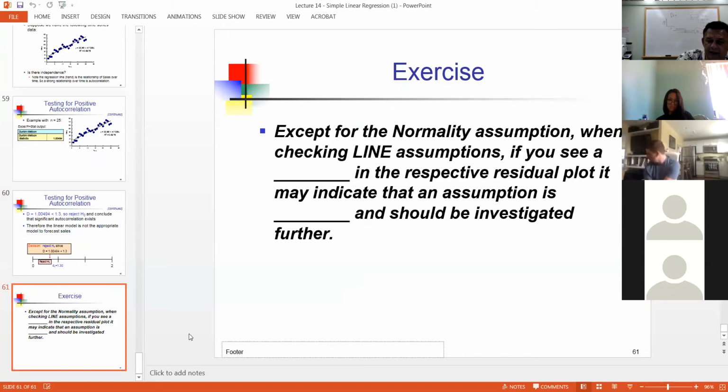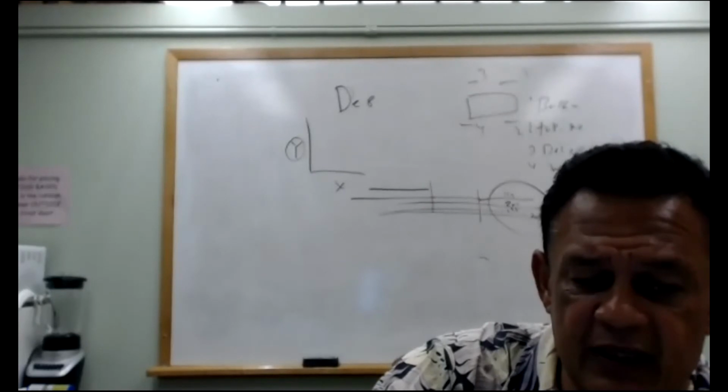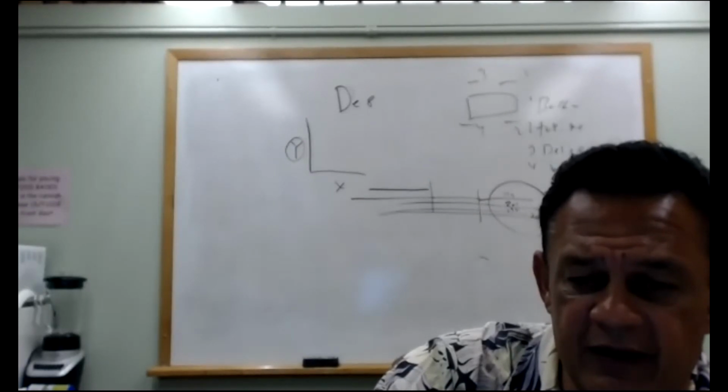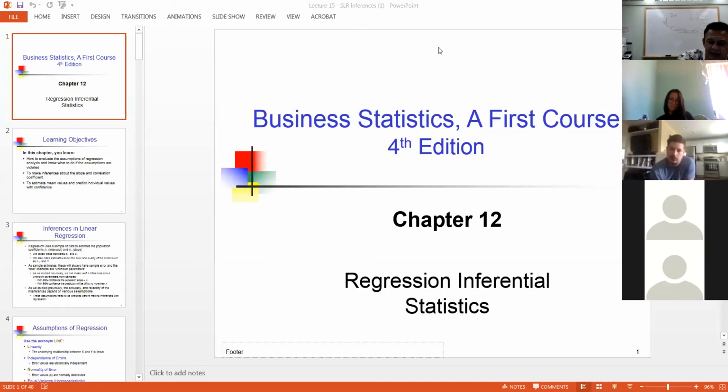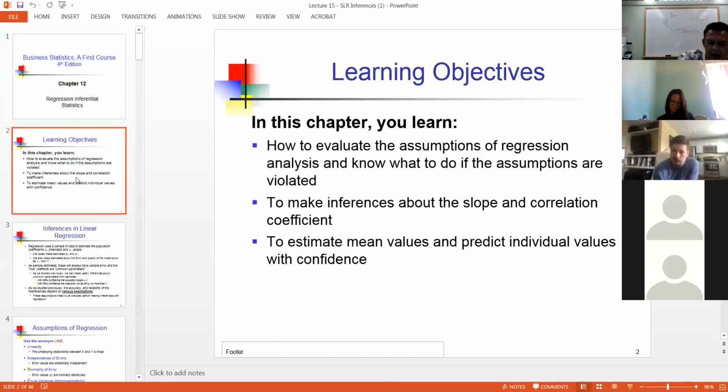Okay. Now we're going to get out of that one, and we are going to go to our next one, chapter 15. We'll go through a couple of slides there, and we're actually going to run some stuff and see if we can make sense of it. Okay. So in this chapter, we're going to look at how to evaluate the assumptions again.